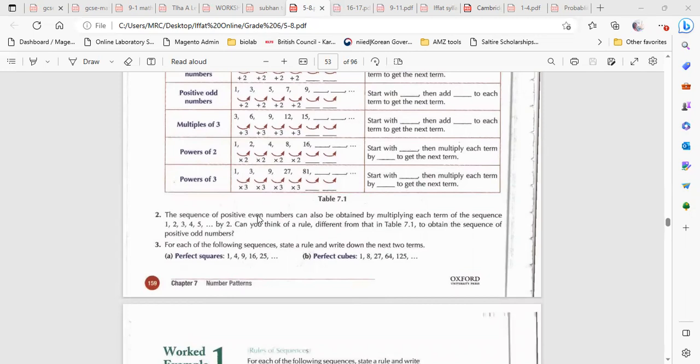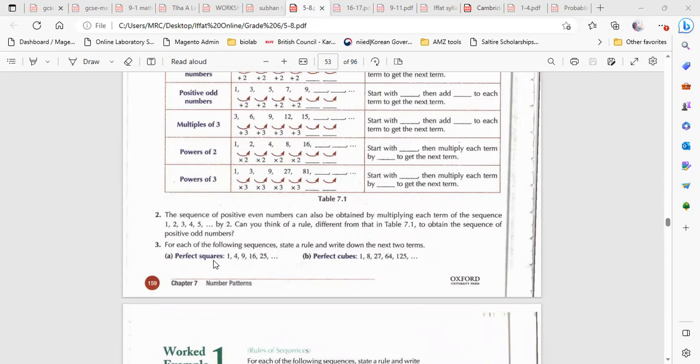The sequence of positive even numbers can also be obtained by multiplying each term of the sequence. Can you think of a rule different from that in table 7.1 to obtain the sequence of positive odd numbers? You have to tell the answer. For each of the following sequences, state a rule and write down the next two terms.